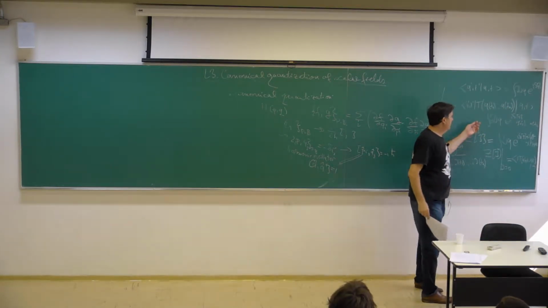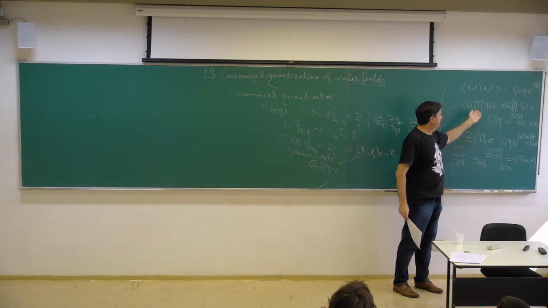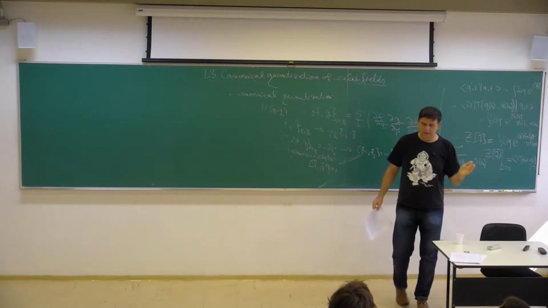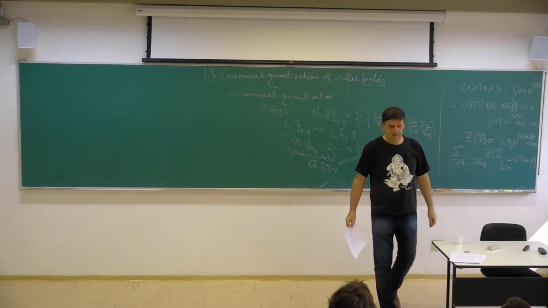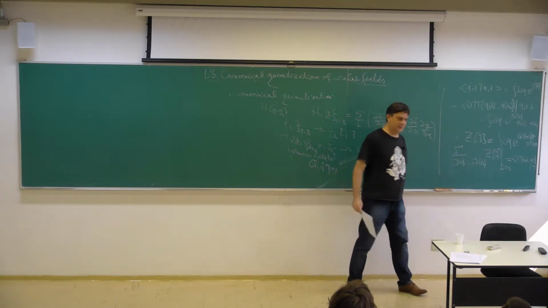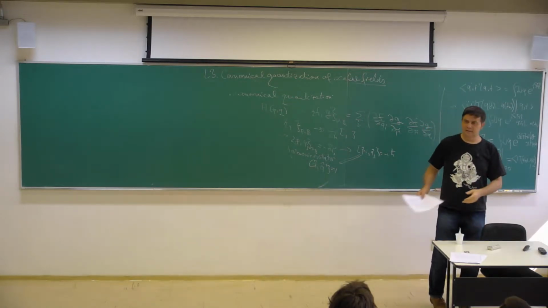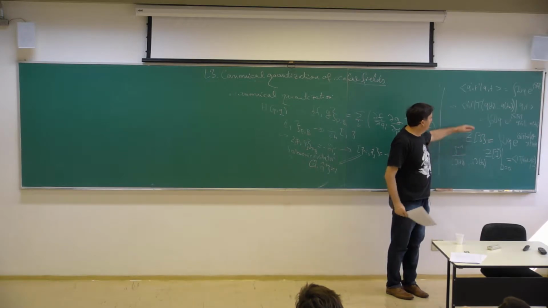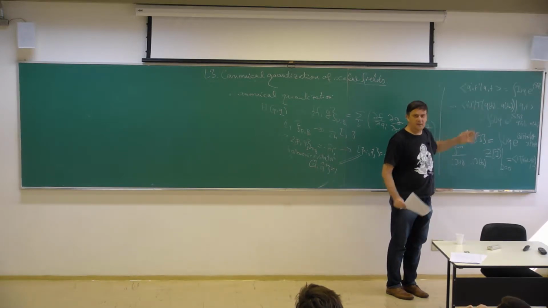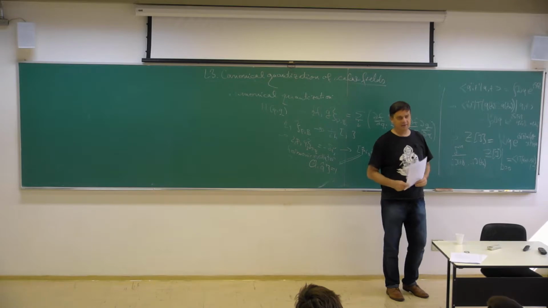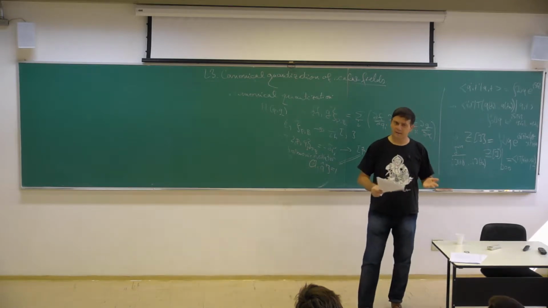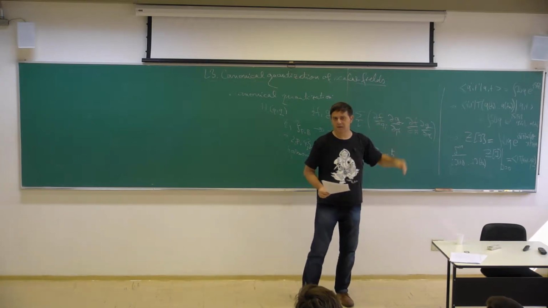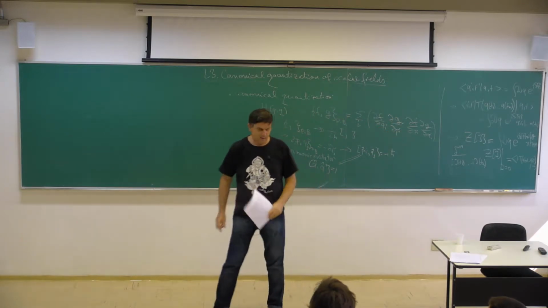But to make contact with this idea of propagation that we understood from here, the correlators can also be factorized in a certain way that we'll see, and related to scatterings of particles. So in quantum field theory, these kinds of objects are related to scattering of particles. So from that, you can see that this is more closely related to the idea of propagation of particles in quantum mechanics. All right.